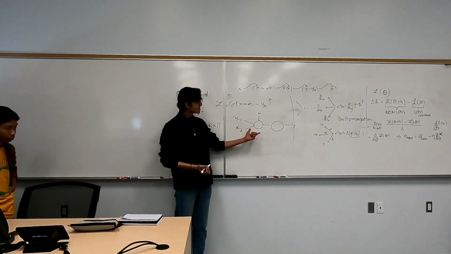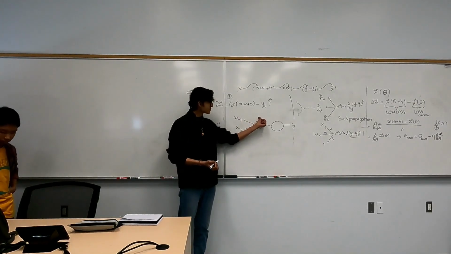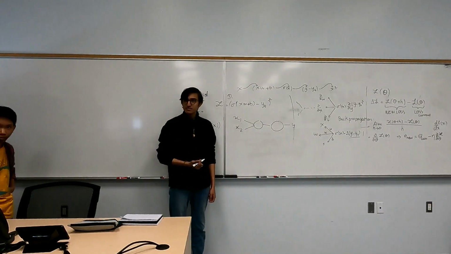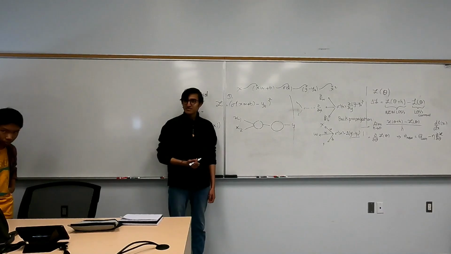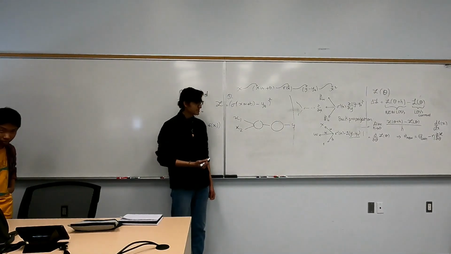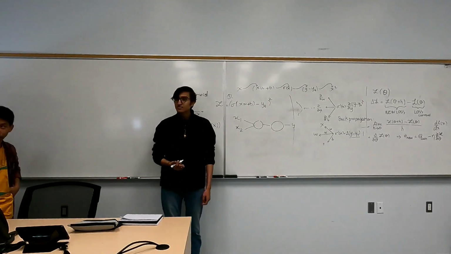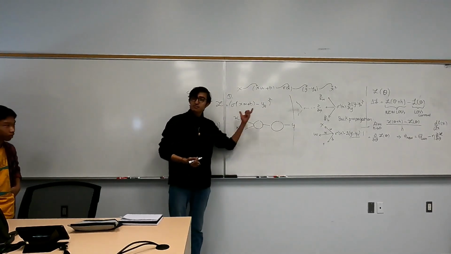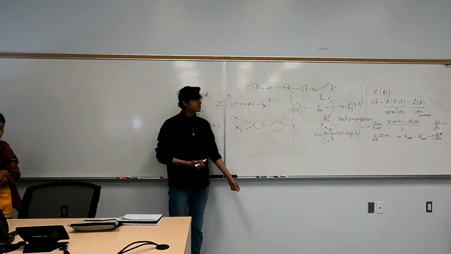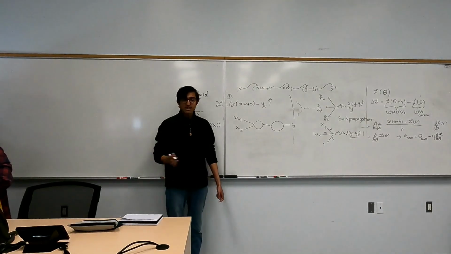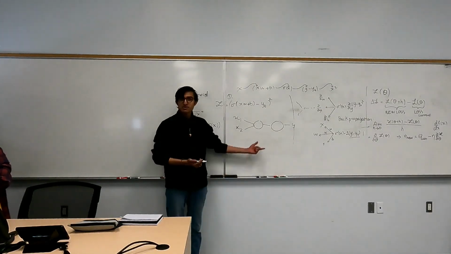How many parameters in this network? No, the total number of parameters in this network. Parameters are things we change. The things we can change. How many parameters in this network?